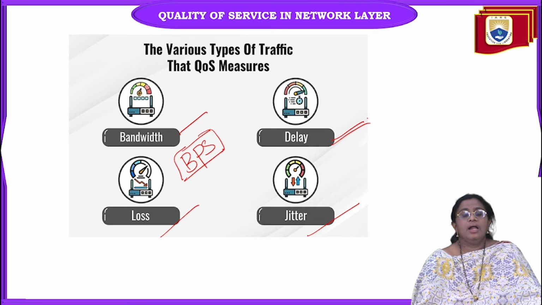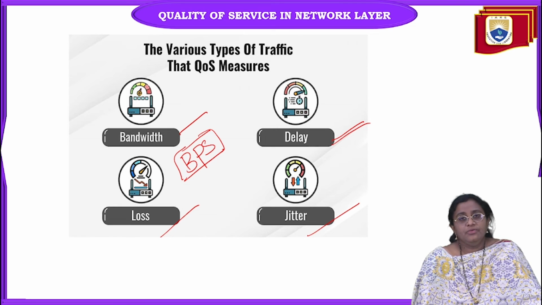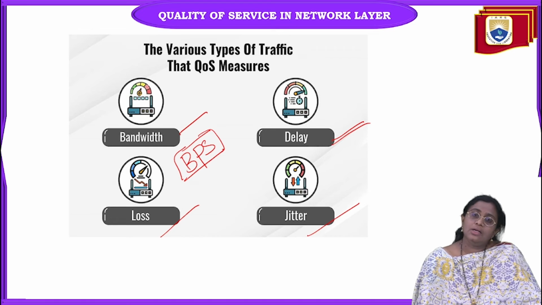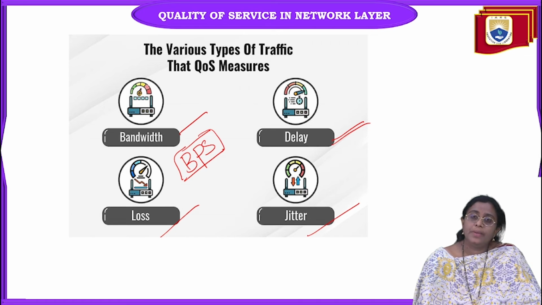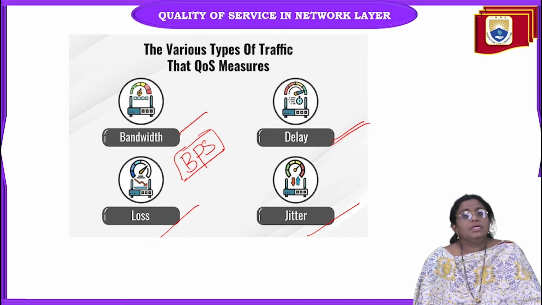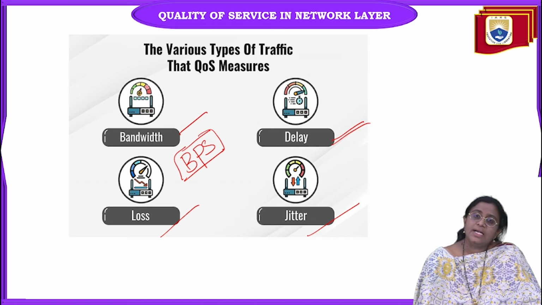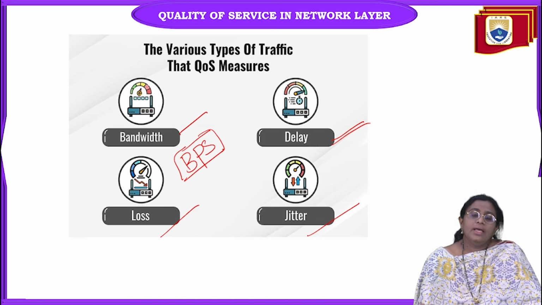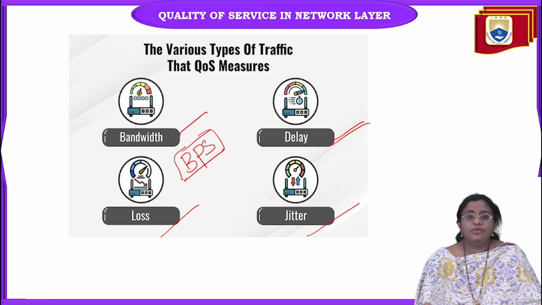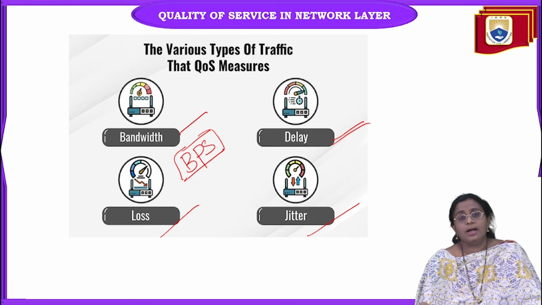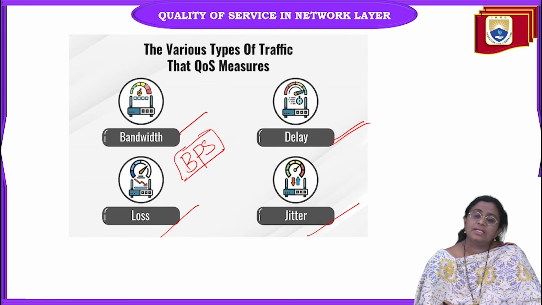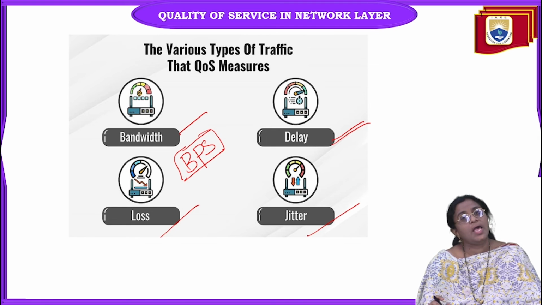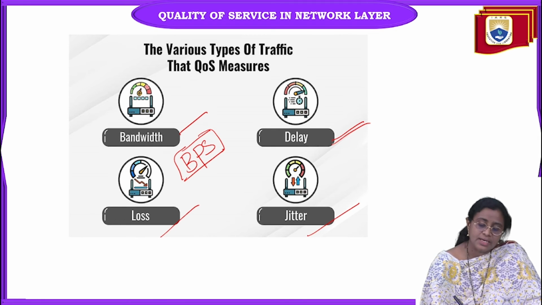Delay means that if there is any heavy flow, congestion control or error control, there will be a delay in sending the packets from one node to another, because of an error or disturbance occurring in the middle of the path while sending data packets from source to destination. That condition is called delay.